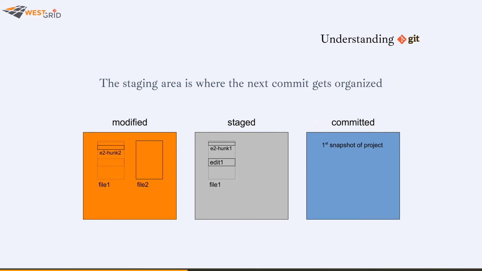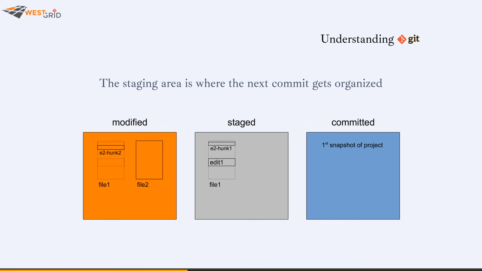And the staging area is a very important place because that's where the commits get organized. Think of it that if commits are snapshots of a project, you want to organize your snapshots. You don't want to take pictures at random and have some chaotic mess.